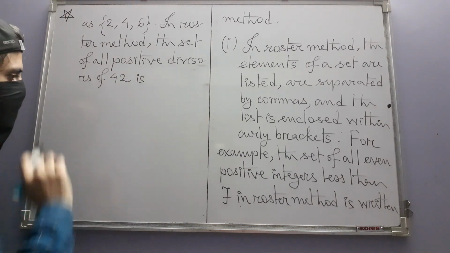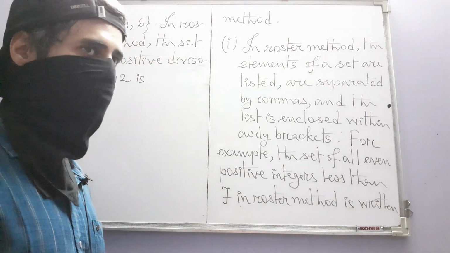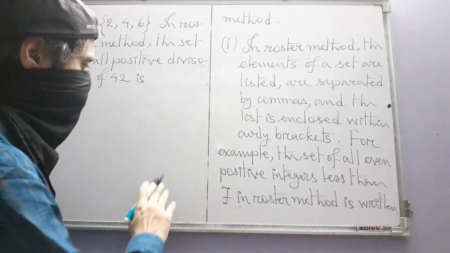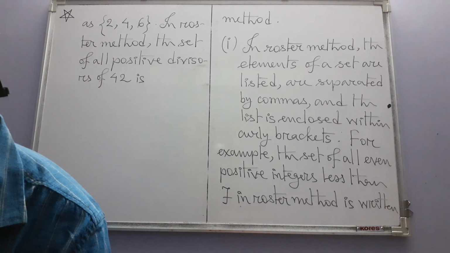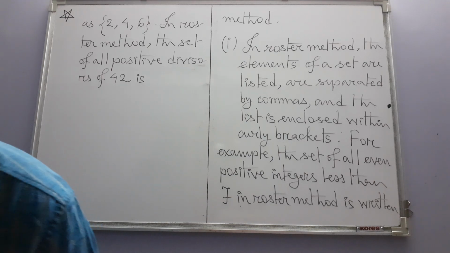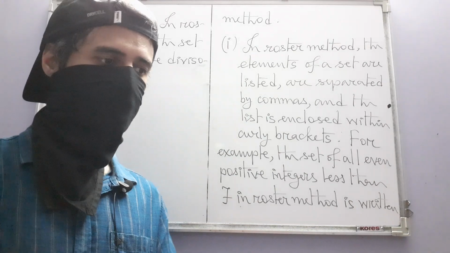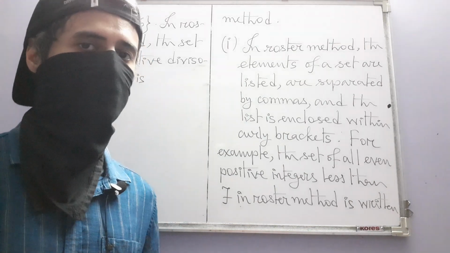So you need to write all the positive divisors of 42. Now let me just show you something. 42 has some positive divisors. It's not exactly as easy as say 6 or 2.